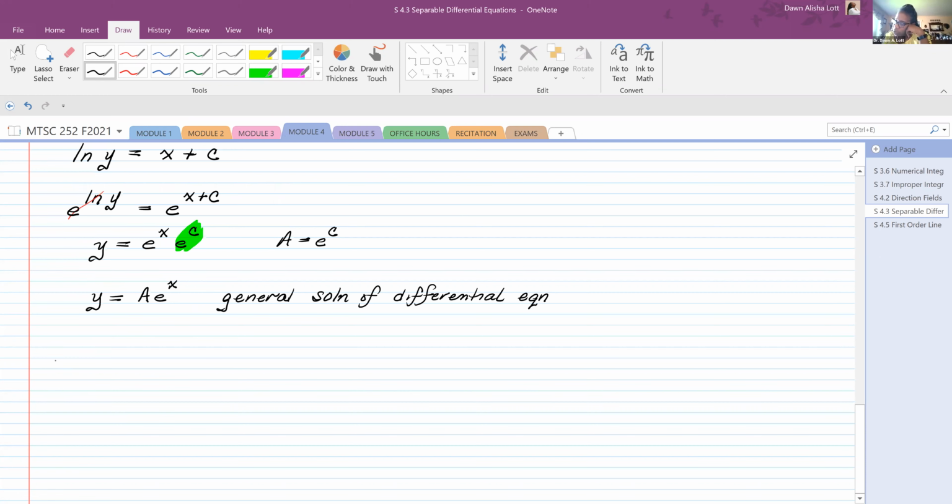Now, suppose you're given that y of the log of 2 is equal to 4. That's my initial condition.